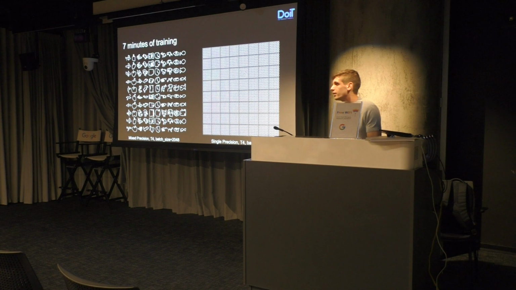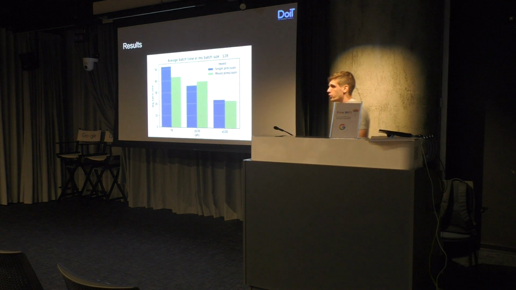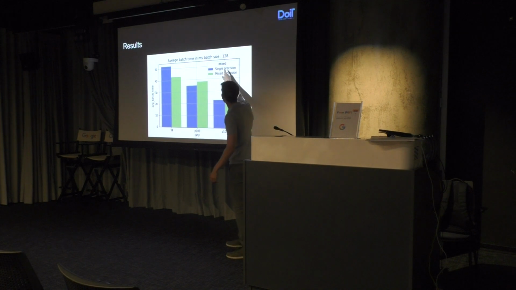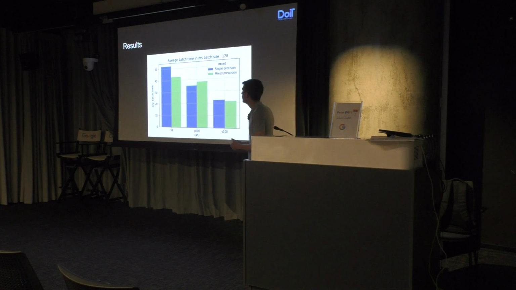But that could be easily cherry-picked, right? So let's see some more insightful statistics. First of all, we measured for a batch size of 128 samples what is the difference in mixed precision versus single precision.